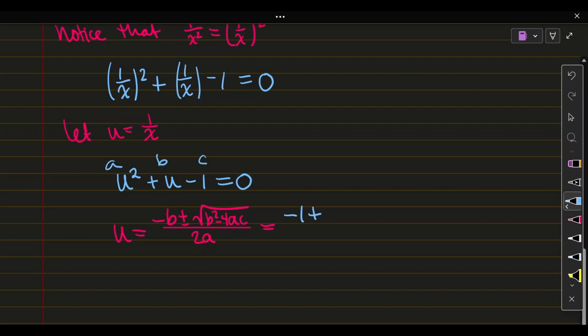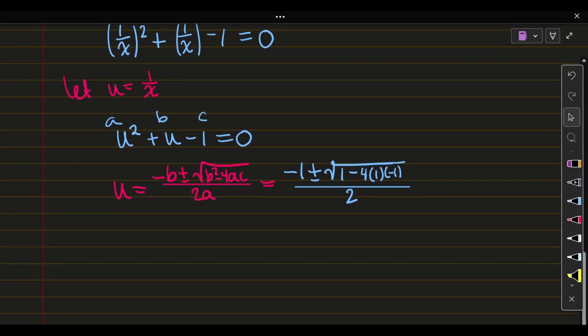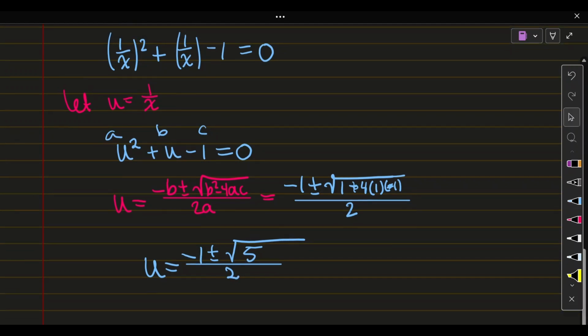So I have negative 1 plus or minus the square root of b squared is 1 minus 4 times a is 1 times c is negative 1, over 2 times a is 2 times 1, which is 2. So I have that u is equal to negative 1 plus or minus the square root. This negative and this negative will cancel out, so I'll get a positive 4, and I have the square root of 5 over 2. Okay.